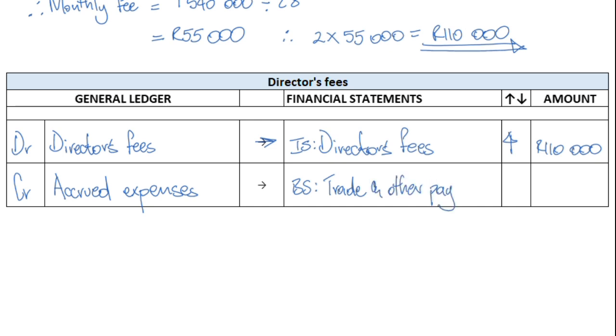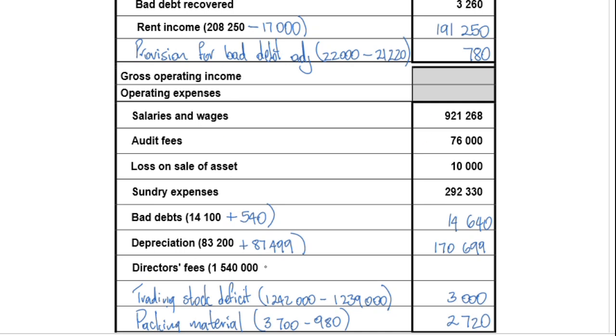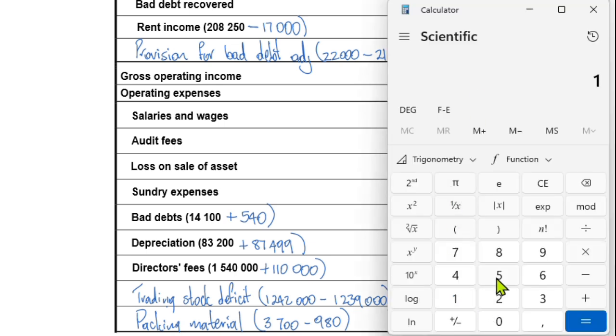So we will add 110,000 rands to that line item to show that we have an increased amount of liabilities. Therefore, in our statement of comprehensive income under the director's fee line item, we must add 110,000, which is currently outstanding and is owed to the director who went overseas.